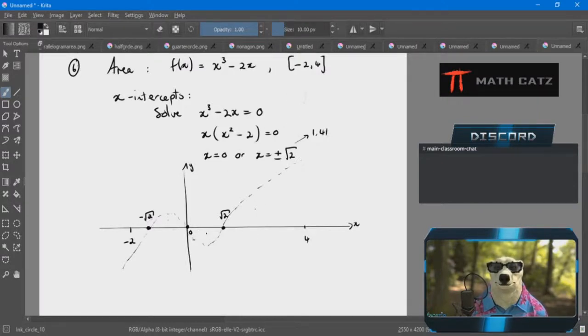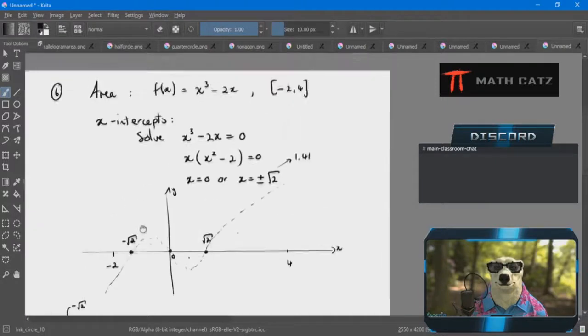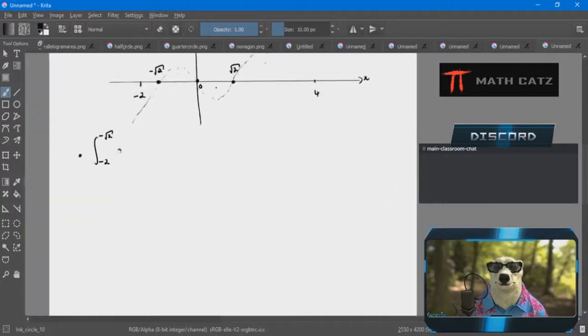So let's do that. My function is x cubed minus 2x. Tedious as it is, there's no way around it. I have to calculate negative 2 to negative root 2 of my function, x cubed minus 2x.